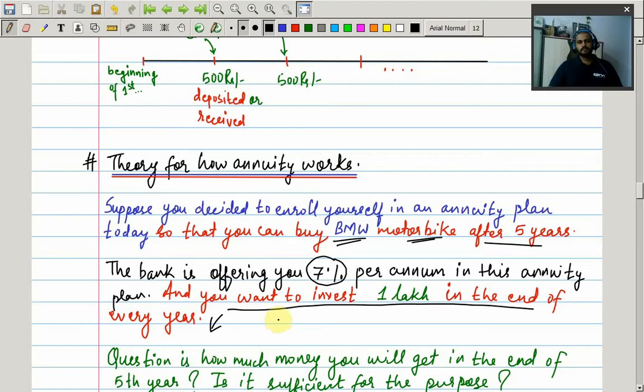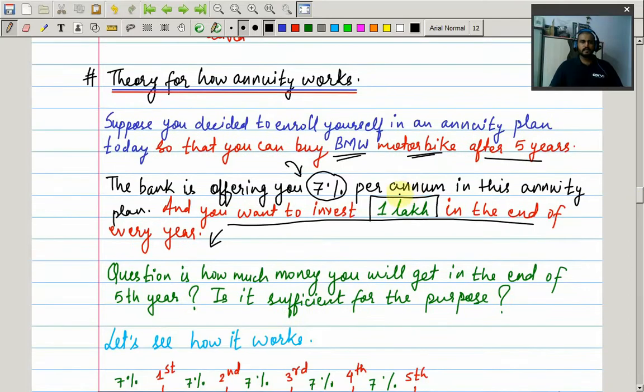So you are giving 1 lakh to the bank at the end of every year for continuous 5 years. And what is the bank giving you? 7% extra on 1 lakh every year. And that rate of interest is per annum. This is also very important: per annum.